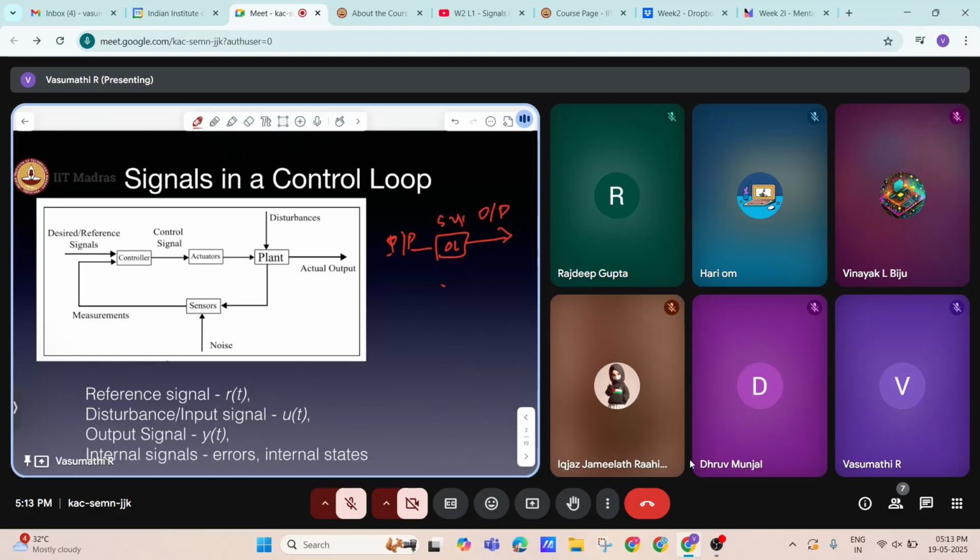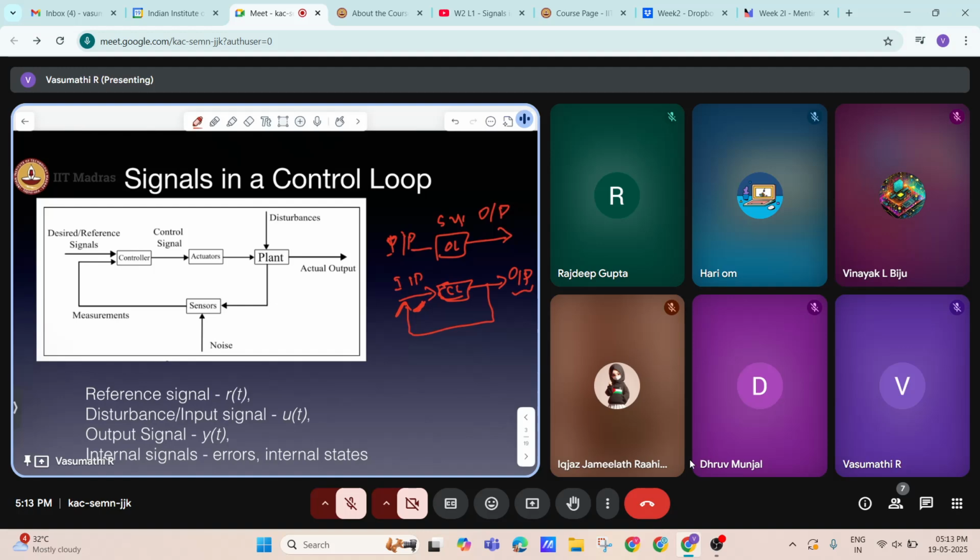The next is the closed loop system, where you give input and the output is fed back to the system, where corrective measures are taken, and the system makes the corrections and gives the necessary output as you expected. These are the two basic control systems that have been in practice.